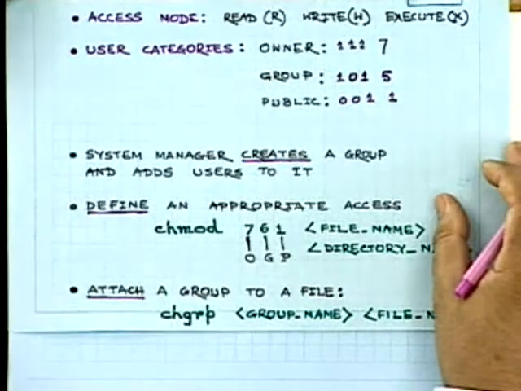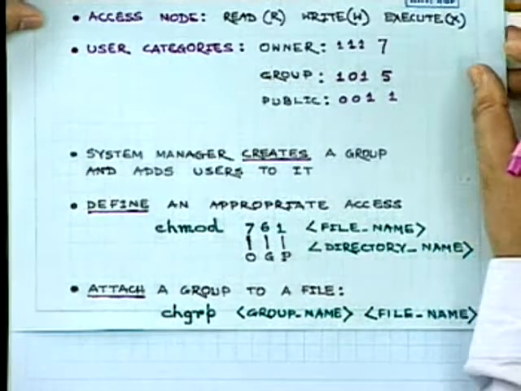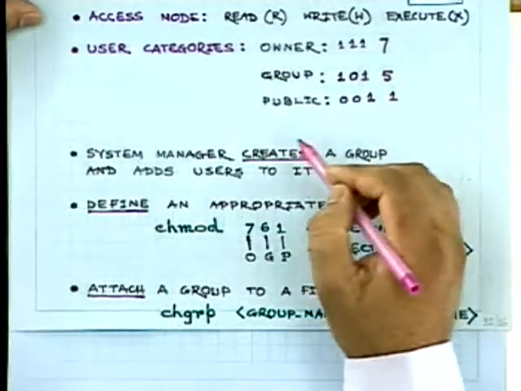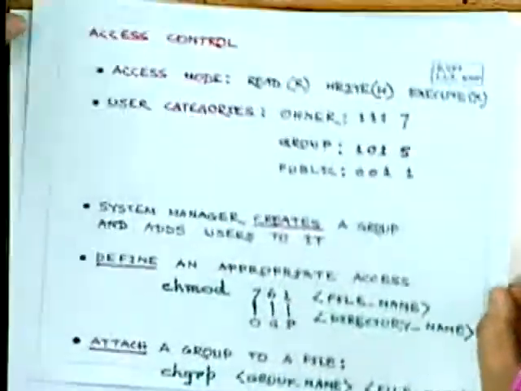That's the way Unix handles this access control, and this is quite a nice way of handling it. Naturally, I hope by this time you have come across this and you have used these commands also.